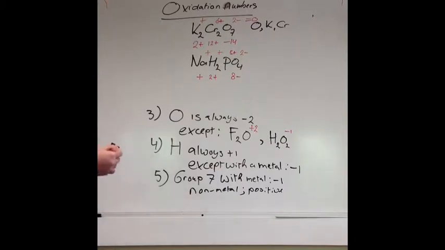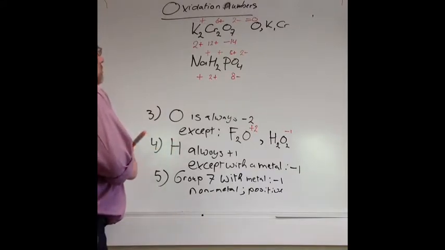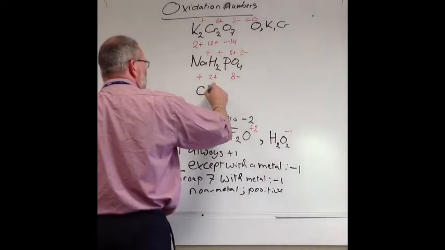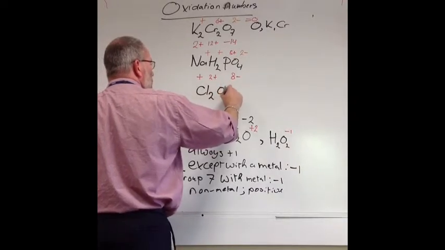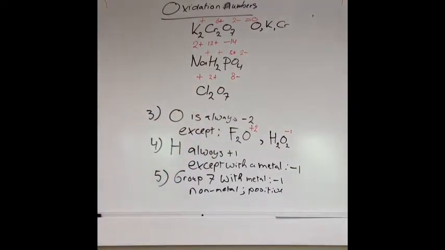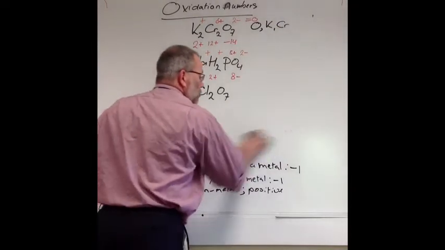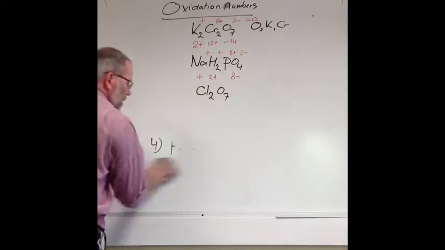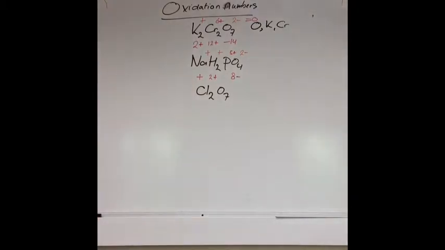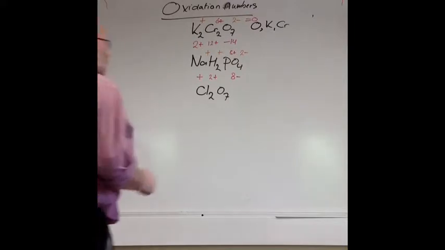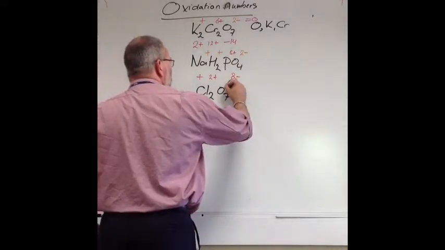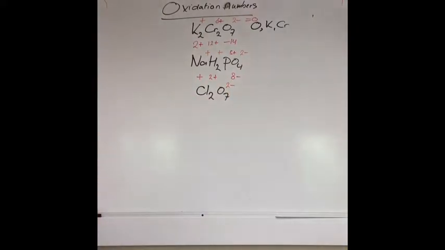Let's take another one. Cl2O7. We stick to the rules, and we notice that this is not an exception for the oxygen. So the oxygen, again, is 2 minus. The halogen, the chlorine, is not with a metal.